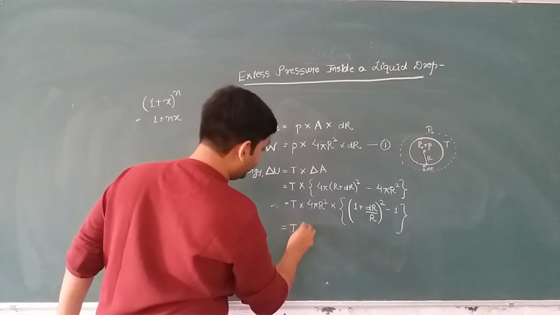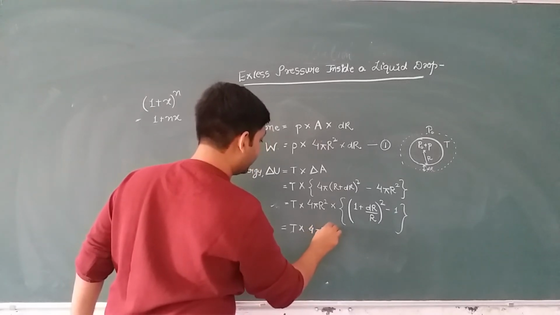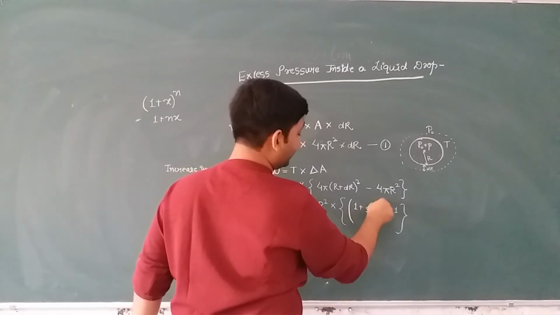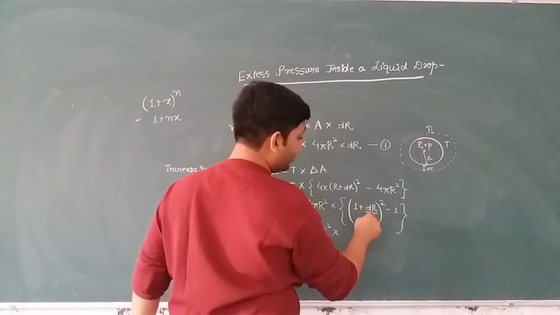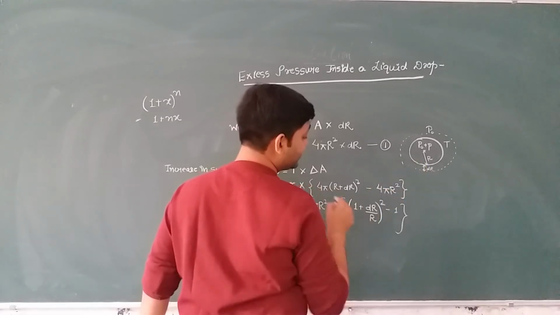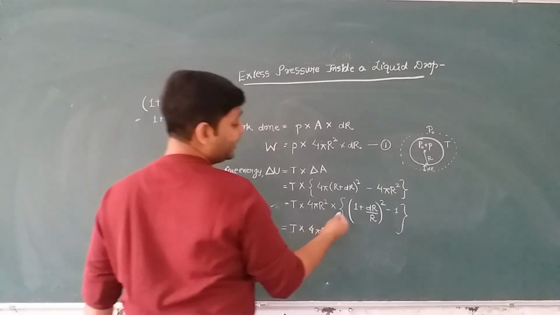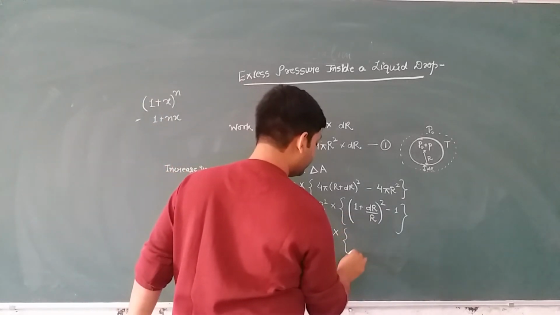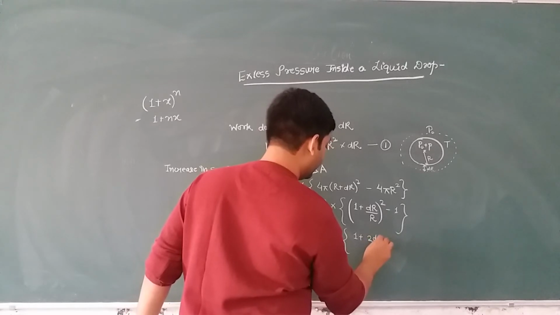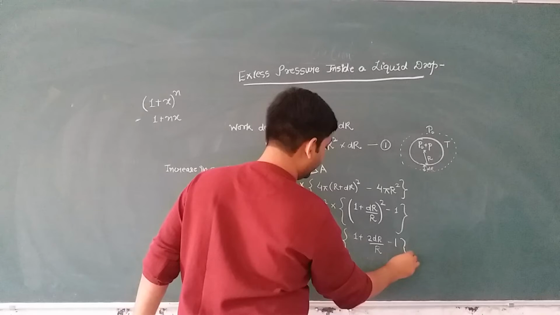So we have T into 4 pi r square multiplied by (1 plus x) to the power n, and this x, dr upon r, is very small, because dr in itself is very small, so dr upon r will be smaller than that. So we can write it as 1 plus 2 dr upon r minus 1.